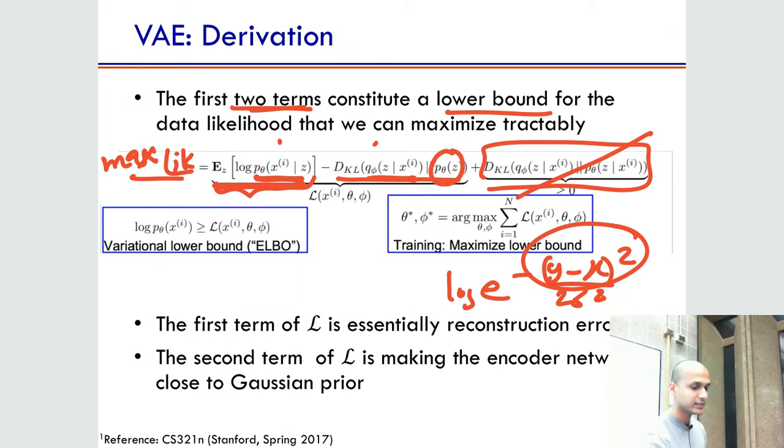We want to maximize the likelihood, which is the same as maximizing these two terms, or minimizing the negative of these two terms.